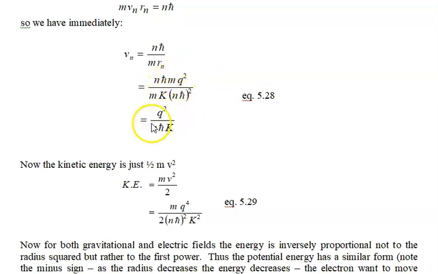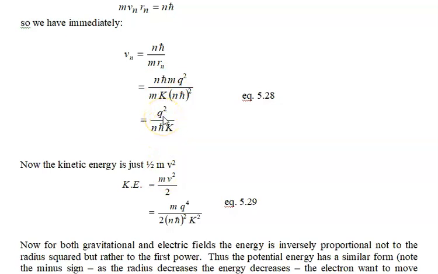And finally, we get that the v sub n's, and we'll see why we do that in just a second, are equal to q squared divided by n h bar k. You see one h bar cancels out with the square here, leaving n h bar on the bottom.